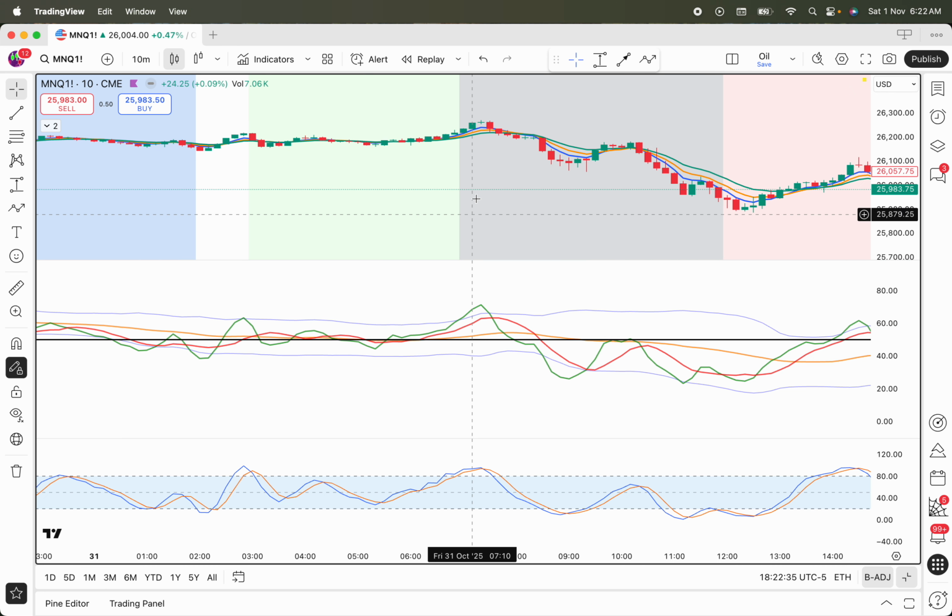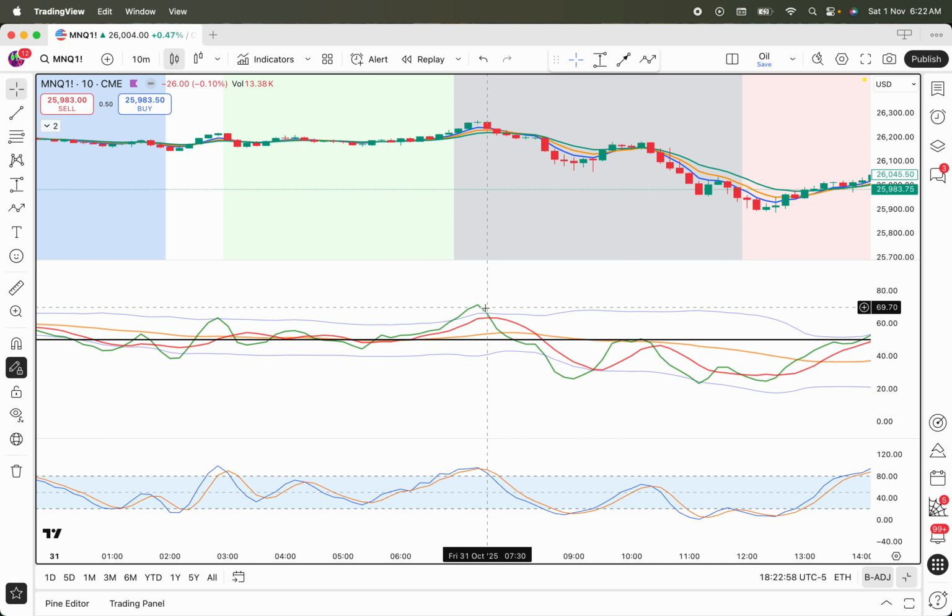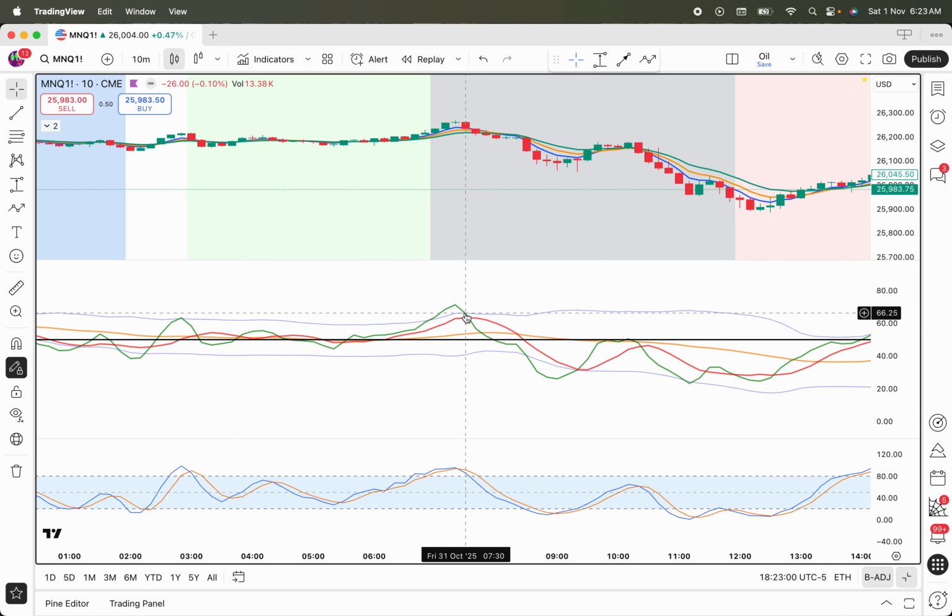Okay, so we're going long, but see how the green has poked up through the Bollinger Band, right? Dean Malone, who was the inventor, I think, of the TDI, says these are called shark fins. And when you see that, not always, but a lot, it will produce a reversal.